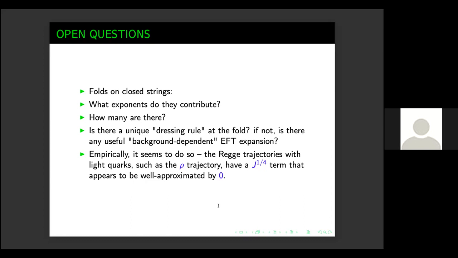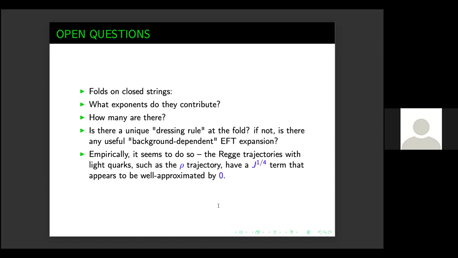It's somehow analogous to the effective operators at the boundary of the open string, but it's more complicated because the fold can move. The fold can wiggle, unlike the boundary. So the effective theory at that fold is considerably more complicated.